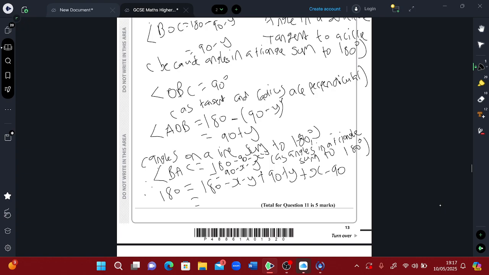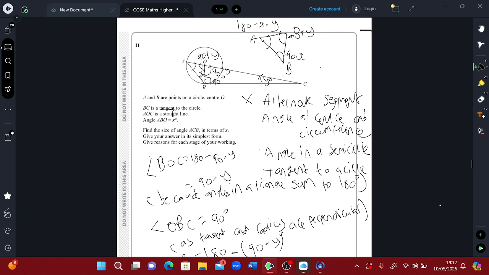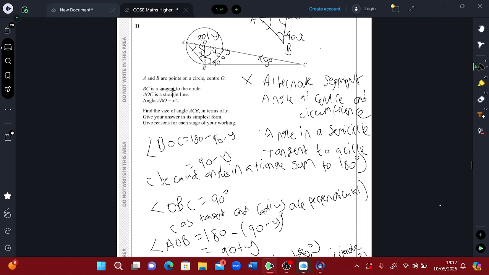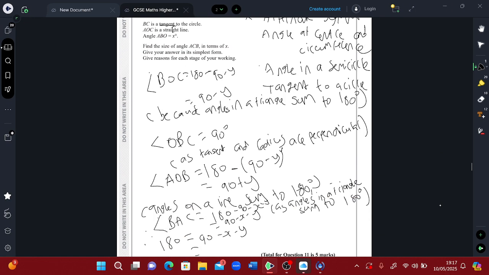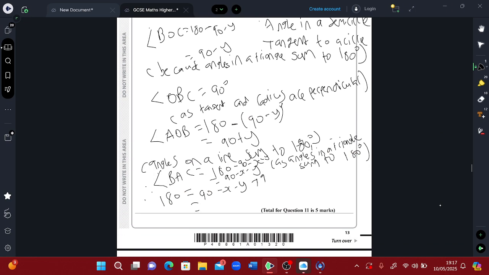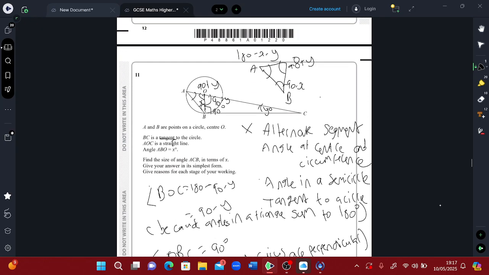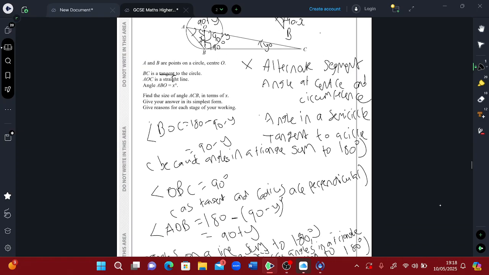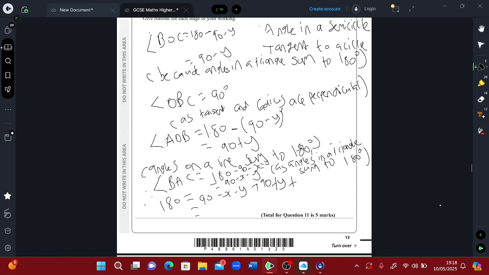So that's going to be, let's redo this all again. 90 minus x minus y, and then this angle here, which we said was 90 plus y, plus x. No, that's not good because that's telling us 180 equals 180.